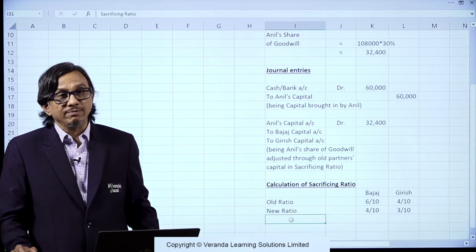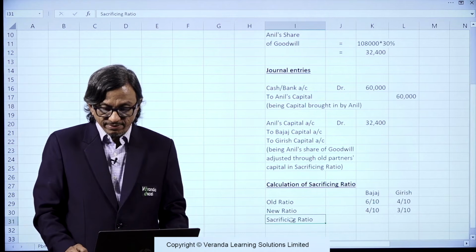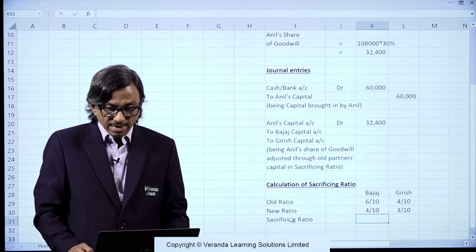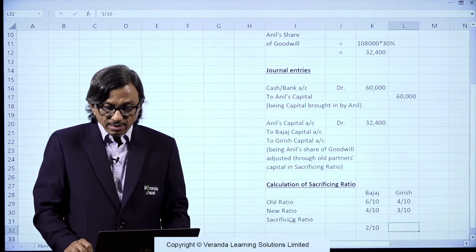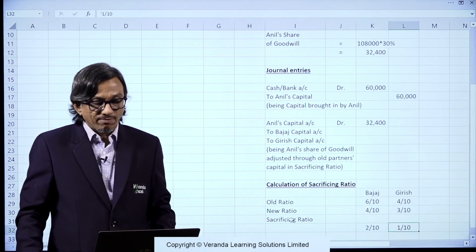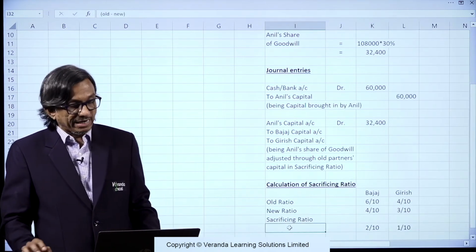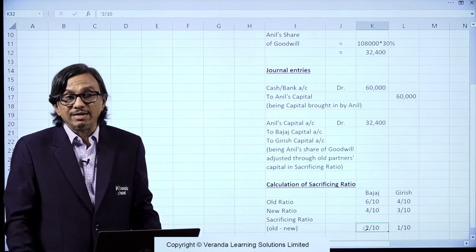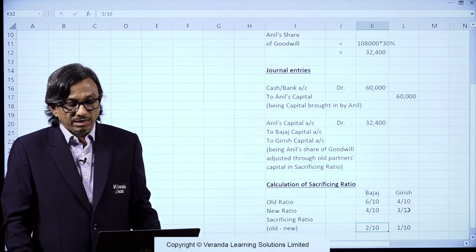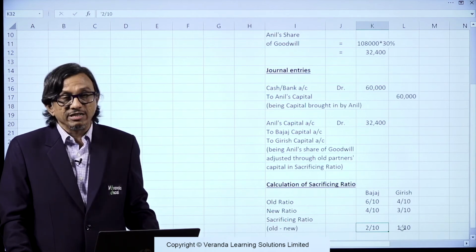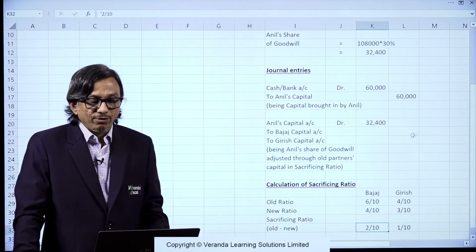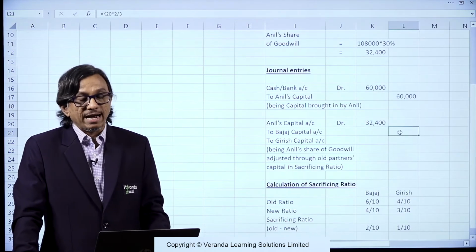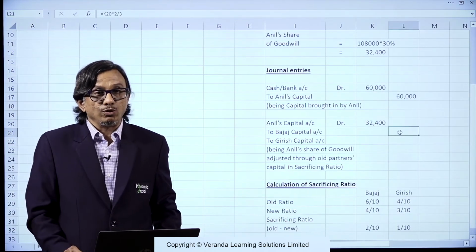So 6/10 minus 4/10, Bajaj's sacrifice is 2/10 and Girish's sacrifice is 1/10. Old minus new is the formula. 6/10 minus 4/10 for Bajaj, 2/10. 4/10 minus 3/10 is 1/10, that is what Girish is sacrificing. Therefore, this 32,400 should be credited to Bajaj and Girish in the ratio of 2:1.